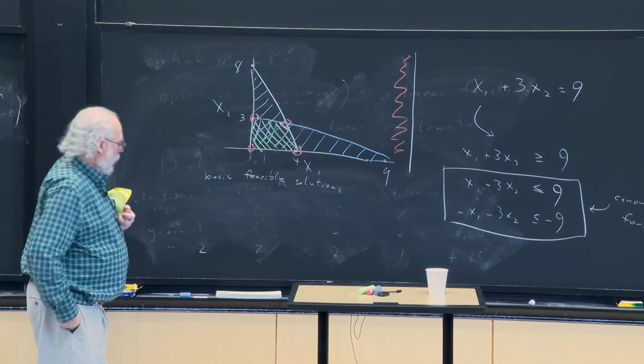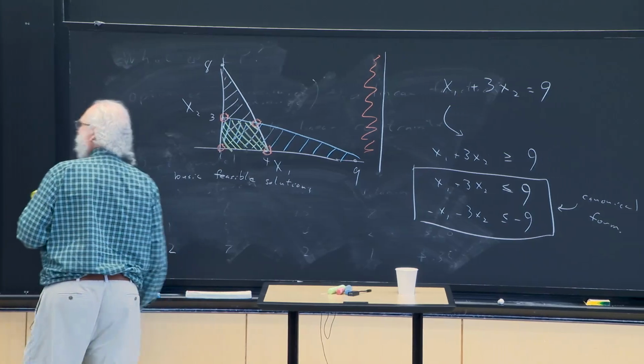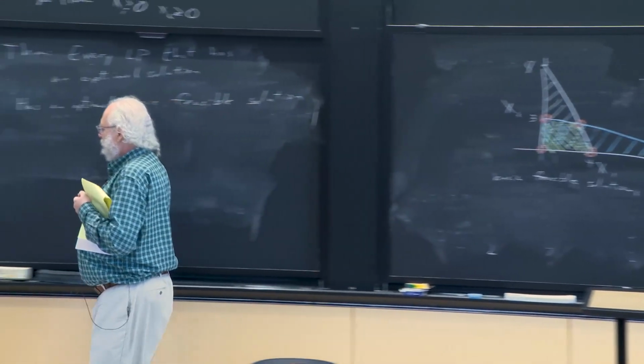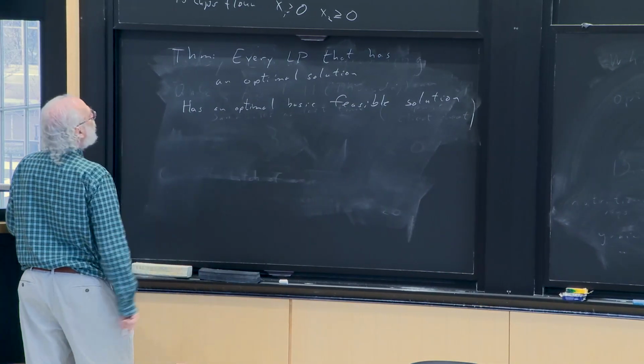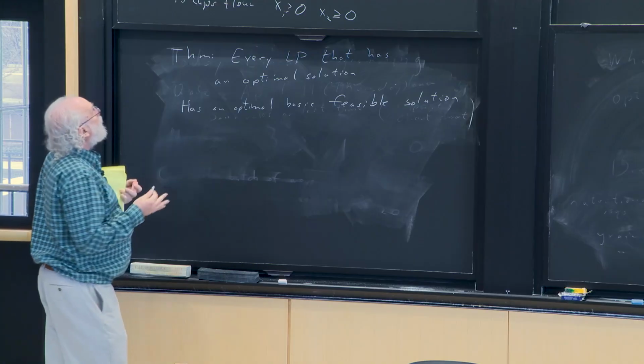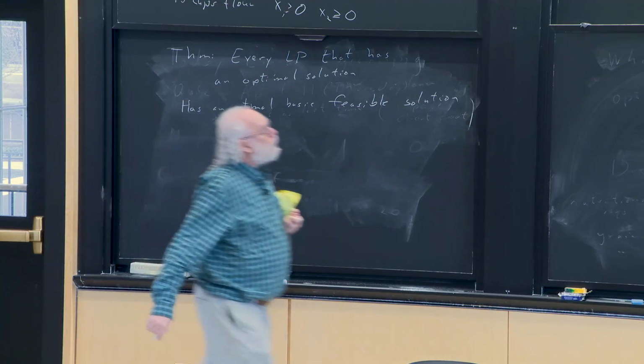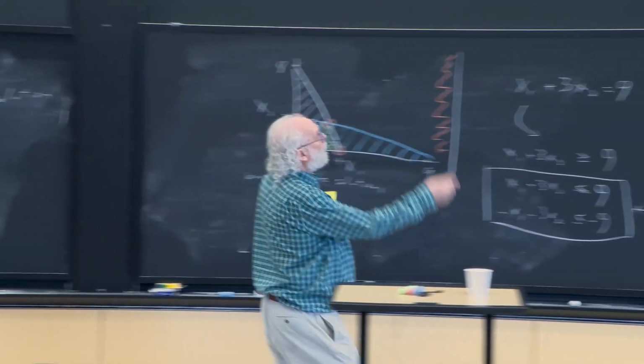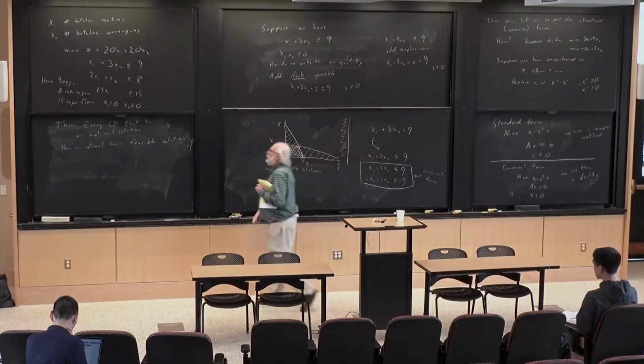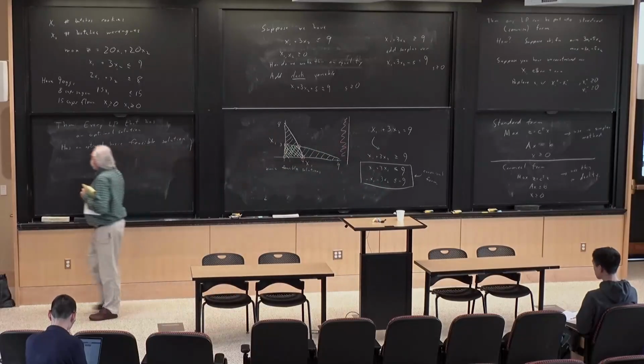So why are they called basic feasible solutions? Well, to explain that, I think I need to put this linear program in standard form.